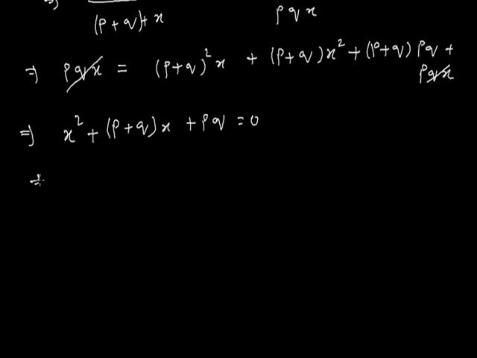When we factorize this equation, we get (x + p)(x + q) = 0.